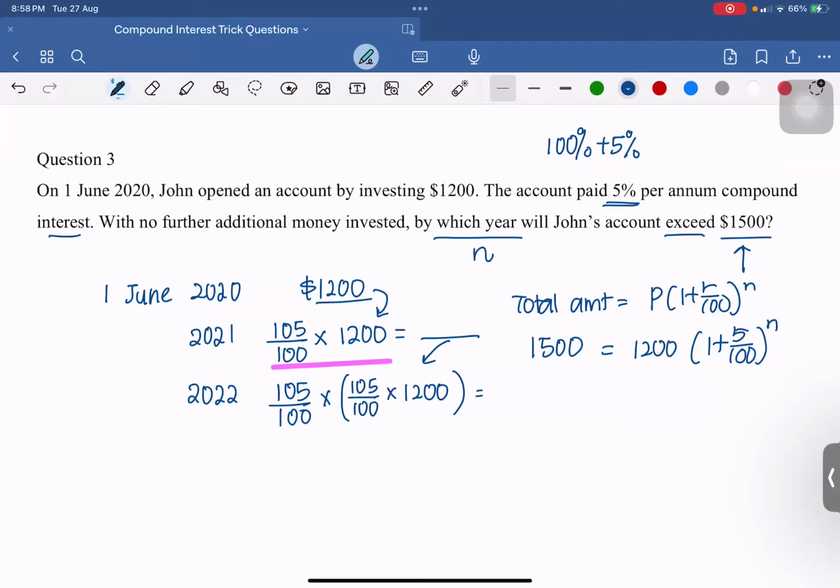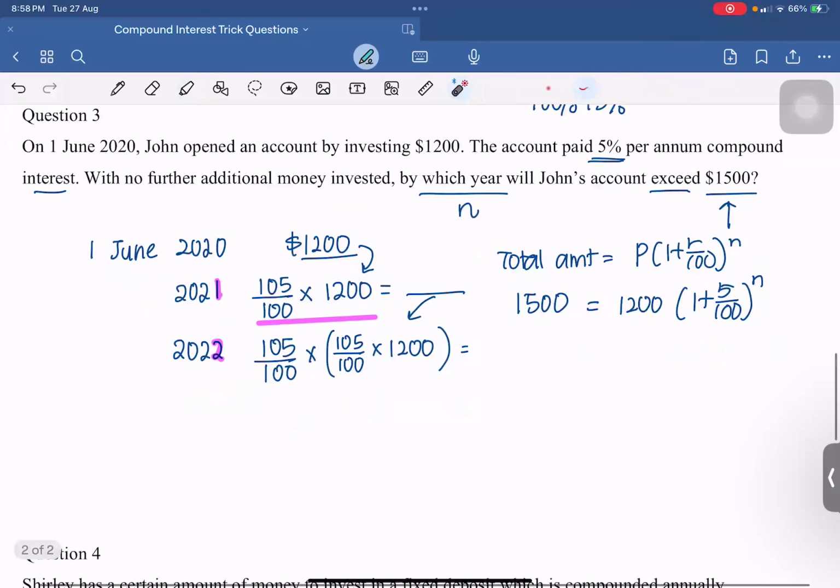Okay, observe the pattern. Year 1, 105 over 100 only appears one time. Year number 2, 105 over 100 appears how many times? Two times, correct or not?